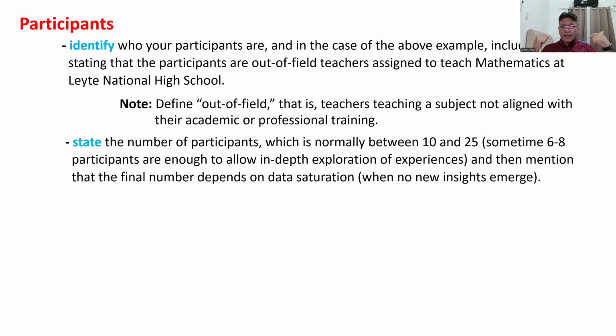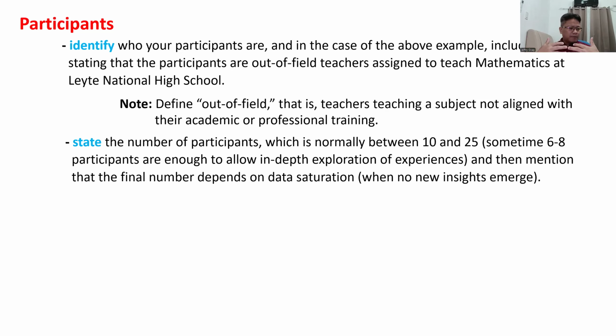And just very briefly, mention that the final number of participants depends on data saturation. When we say data saturation, there are no new insights that emerge from the interview. So for example, in the 10th, 11th and 12th participants, the answers to your questions are almost the same, so there are no new insights or answers that emerge in the interview.